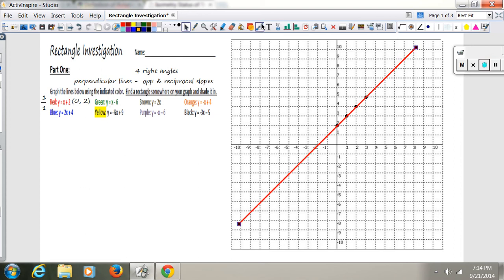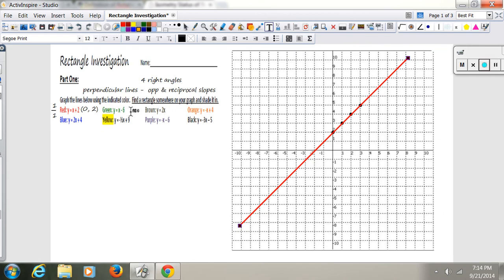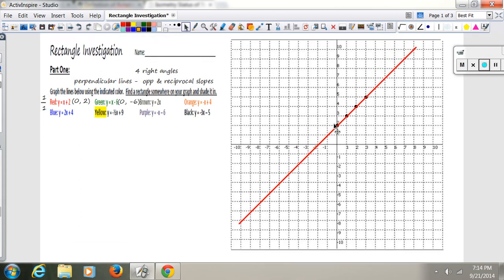Now let's go to the green one. The green one has a point of 0, -6. So that's our free point, 0, -6, because it's got the -6 at the end. Let's go ahead and find that point.